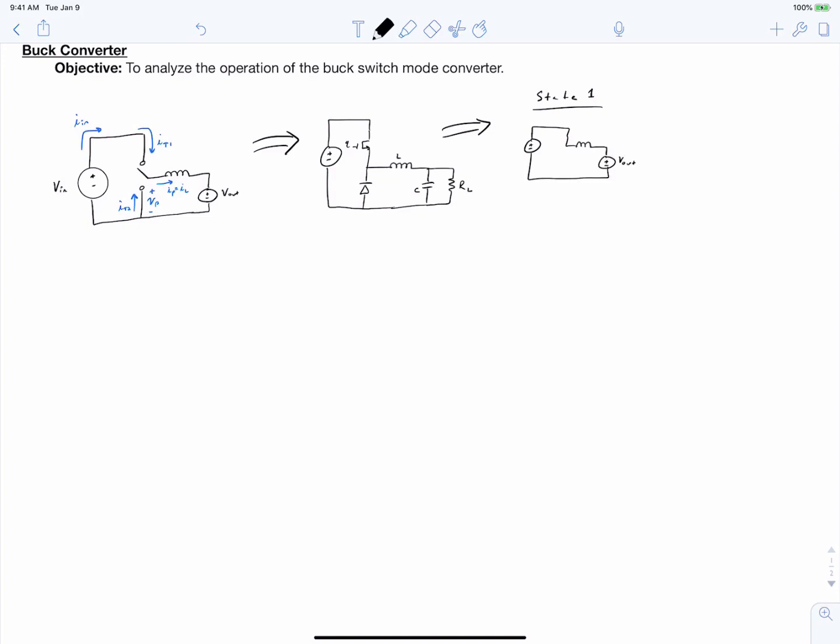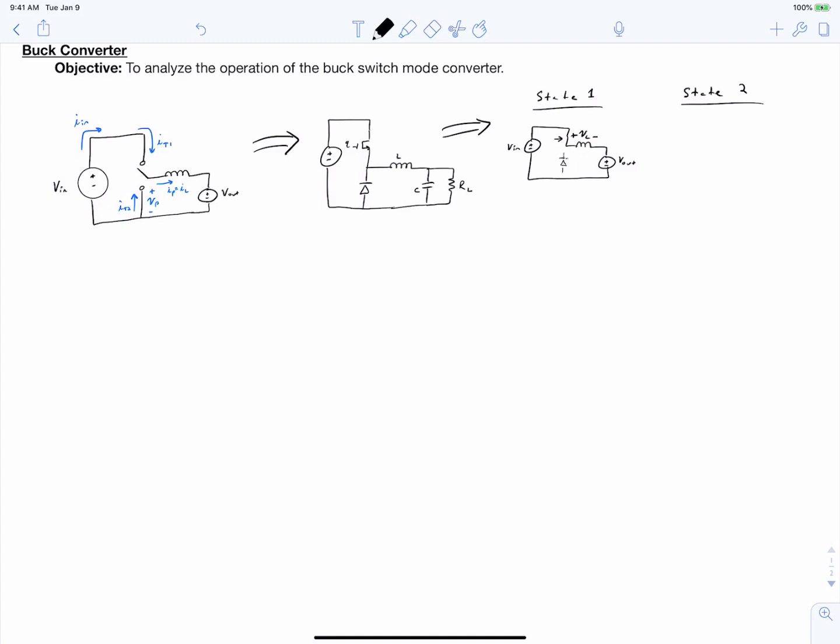So I've sketched the output voltage again as a voltage source. And so if our MOSFET were drawn, it would be at this location, and we would have an open circuited diode down here. Our second state corresponds to the diode conducting and the MOSFET turned off.